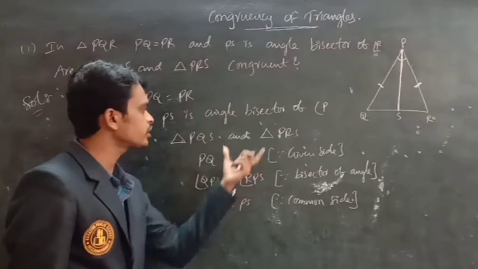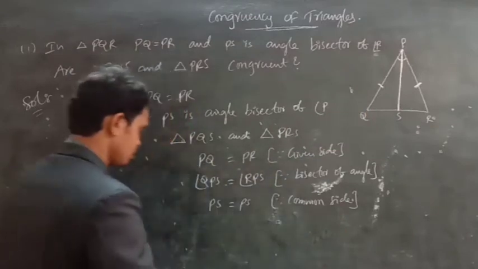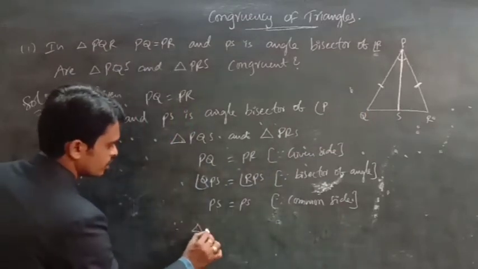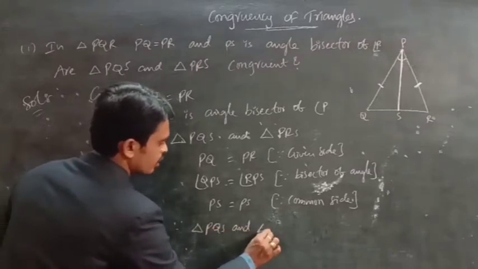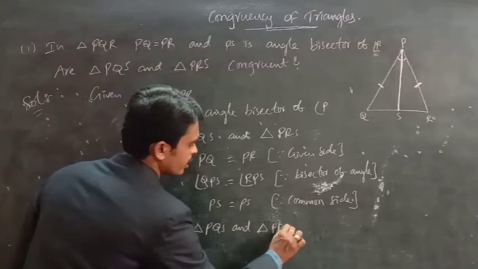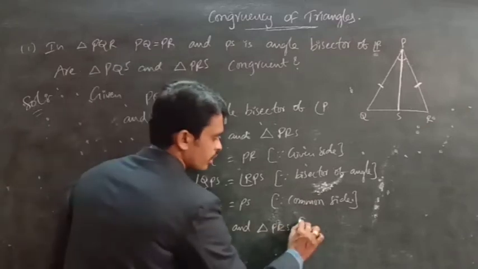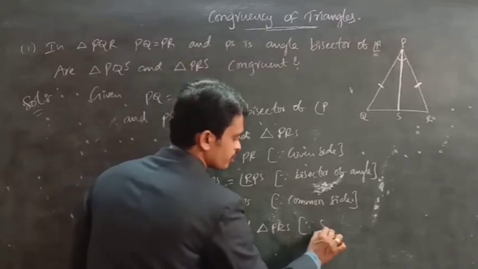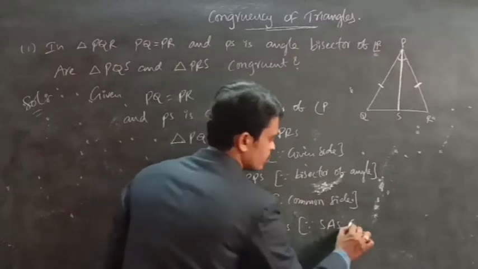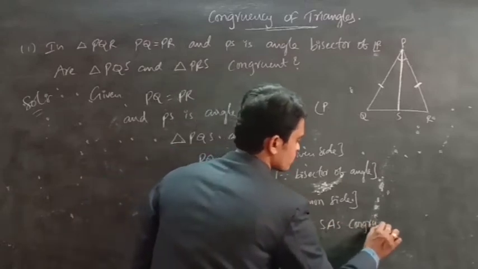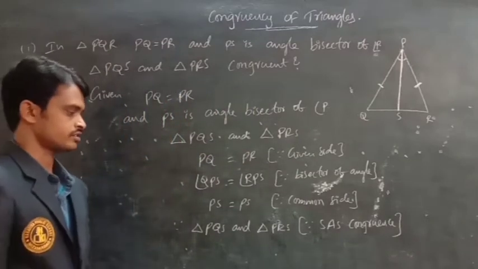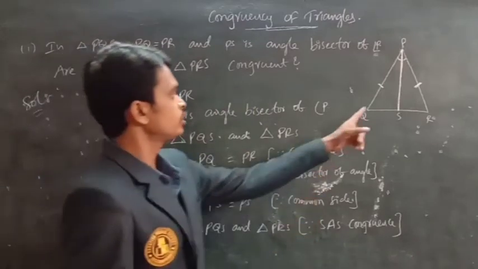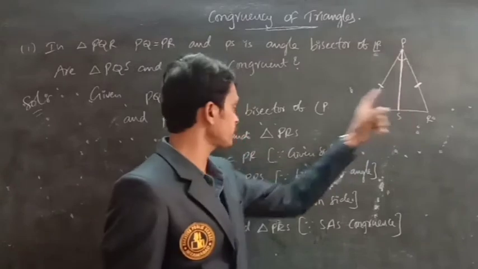According to side angle side, these two triangles are congruent. Therefore, triangle PQS and triangle PRS are congruent, since SAS congruence.